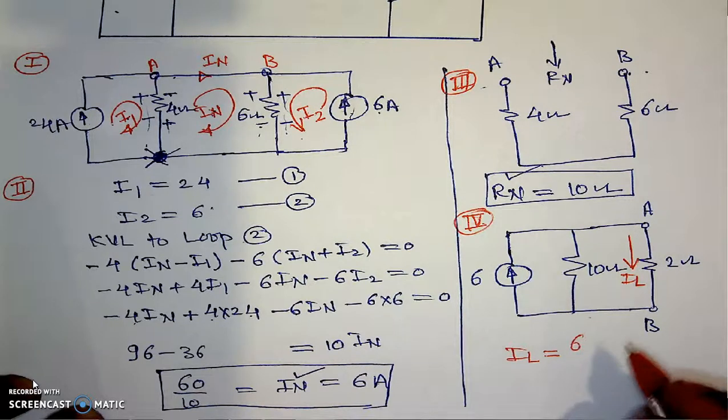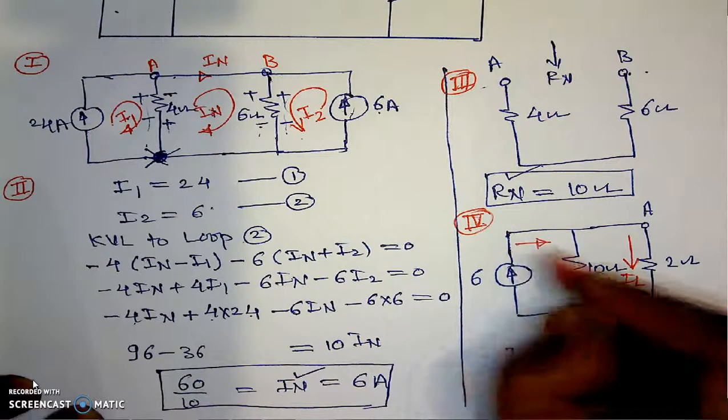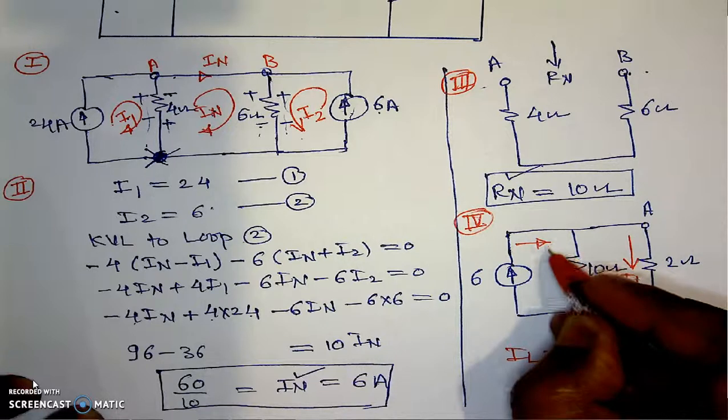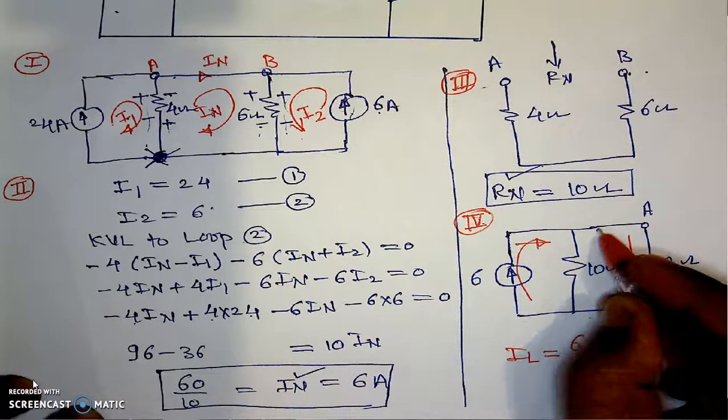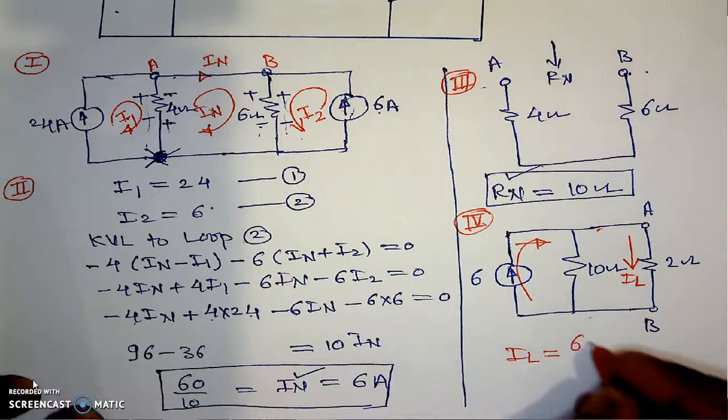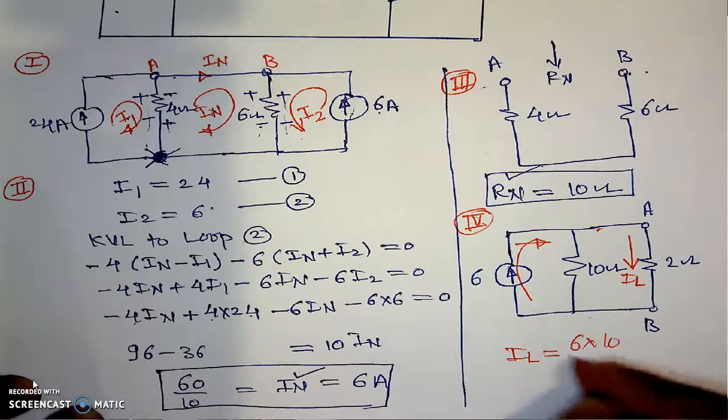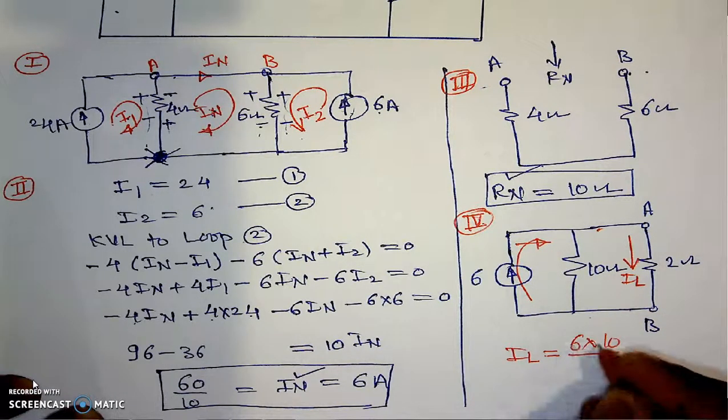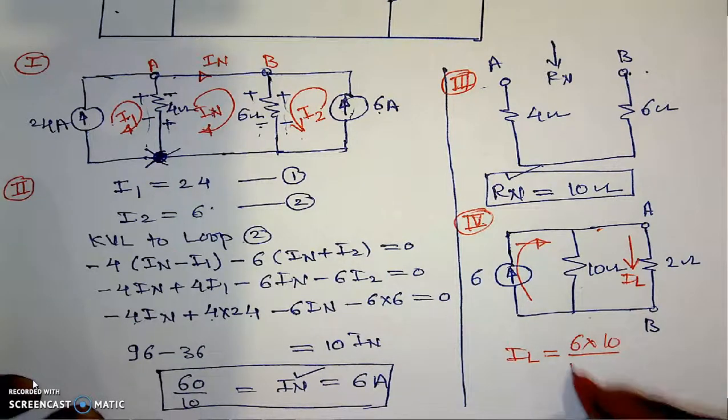I am using the current division rule. This is 6 amperes total current. Current in this branch is known. We want to calculate current in this branch. That's why, total current into the resistance of the opposite branch, which is 10, divided by the resistance of both branches, that is 10 plus 2.